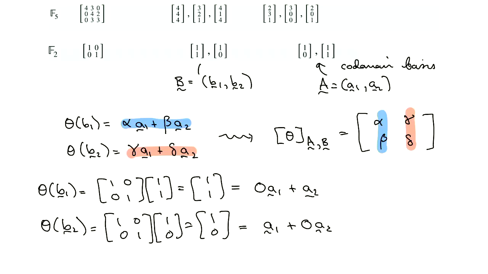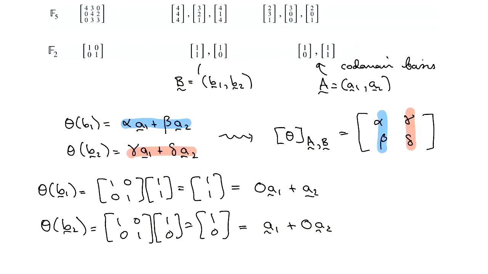So what this matrix tells you is that if you imagine this first basis vector, you now make an isomorphism from F2 to a new copy of F2, where this guy plays the role of the first standard basis vector and this guy plays the role of the second. And similarly in the codomain, this matrix is telling you how to perform the linear map theta using just matrix multiplication, where that first standard basis vector is imagined to be the first basis vector and this one the second.